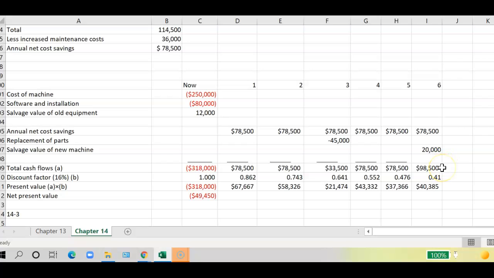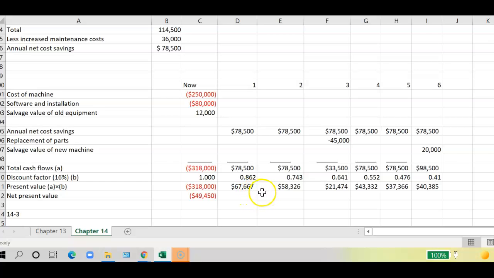So our actual cash flow in year 6 is $98,500. The factor for period 6 at 16% for the present value of a single sum is 0.41. So the present value is $40,385.